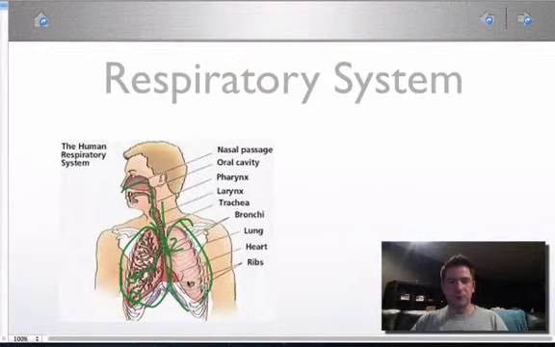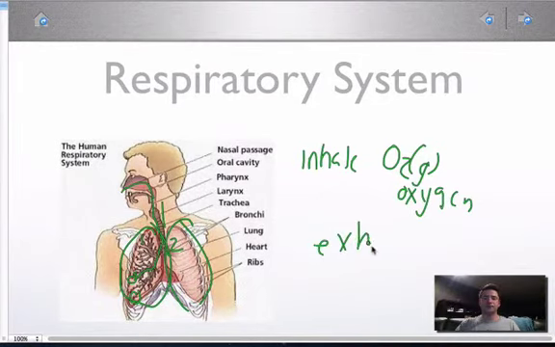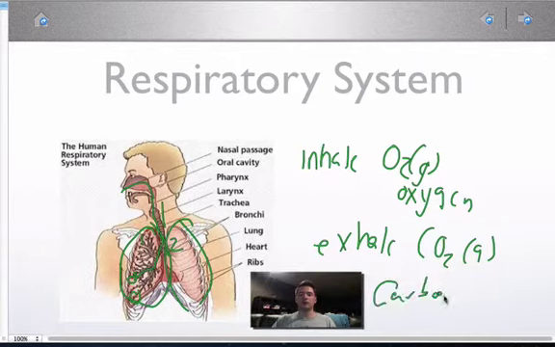So two lungs, we breathe, we inhale oxygen, O2 gas, and we exhale CO2 gas, and that's called carbon dioxide.